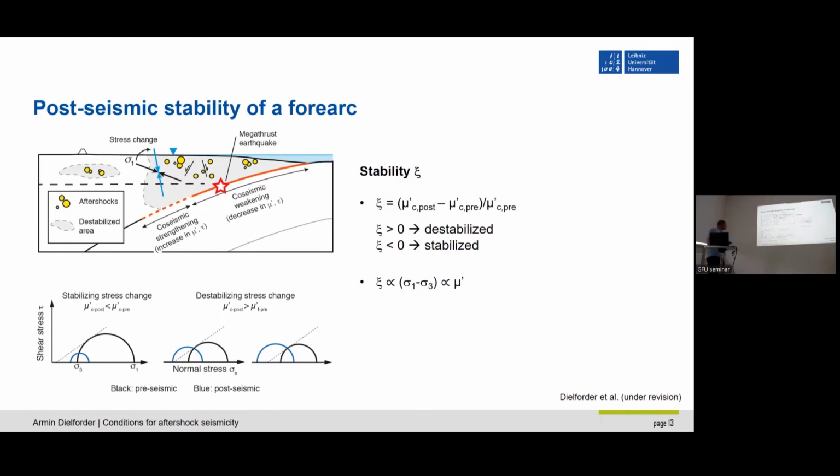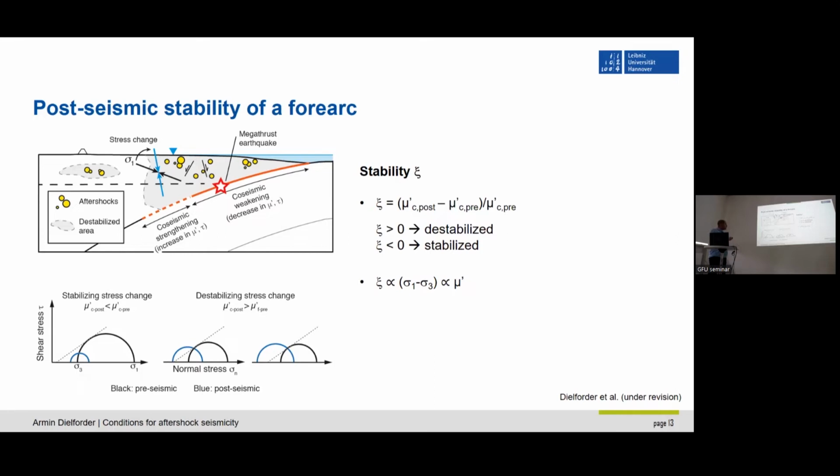So what we can do is calculate a stability parameter. I call it C here. This parameter is nothing else than comparing the difference between this mu value that we calculate, normalized to the pre-seismic mu value. And as such, we can say, okay, if this value is larger than 0, then the stress change destabilizes the forearc.